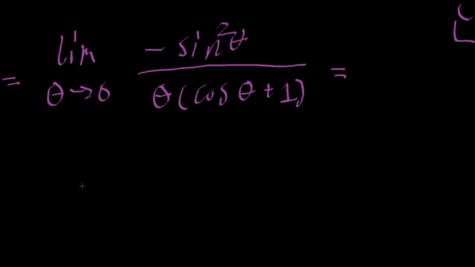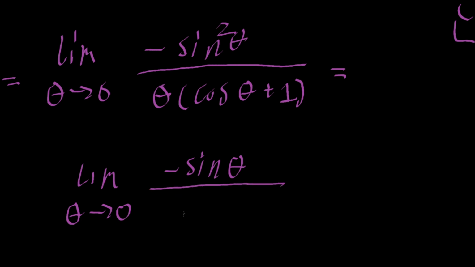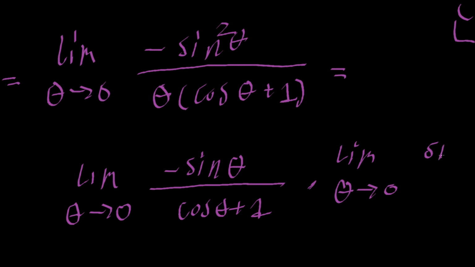This is equal to the limit as theta is approaching 0 of negative sine of theta divided by cosine of theta plus 1, multiplied by the limit as theta is approaching 0 of sine of theta over theta, because sine of theta multiplied by negative sine of theta is just negative sine of theta squared.